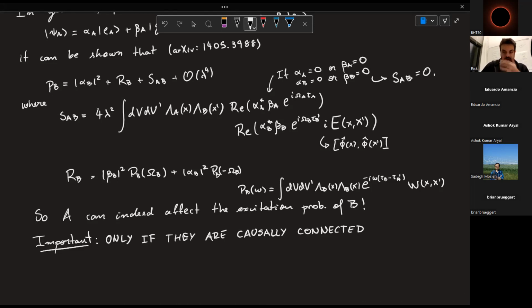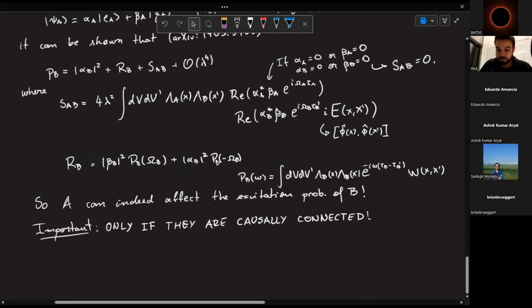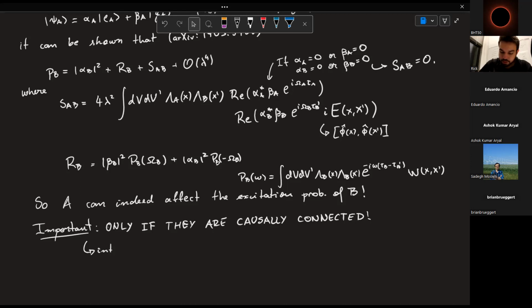Here there is the explicit assumption that the interaction of A happens before the interaction of B in these calculations.